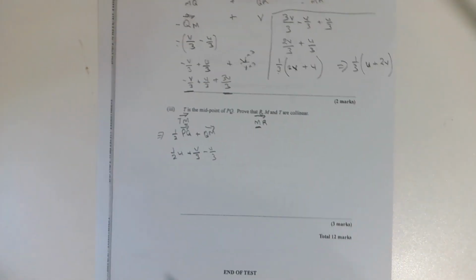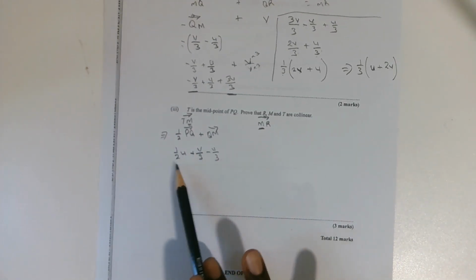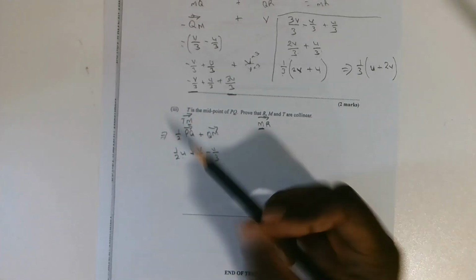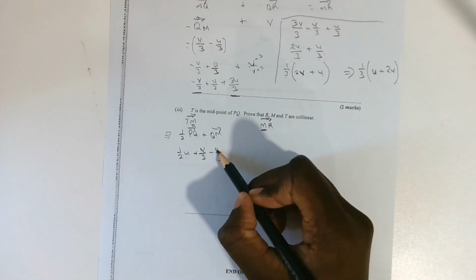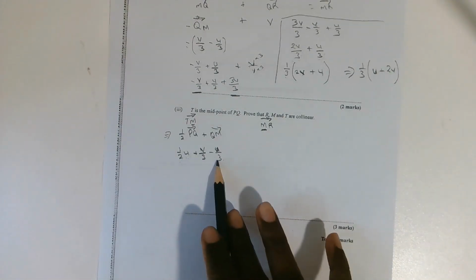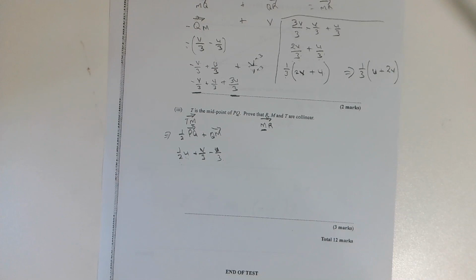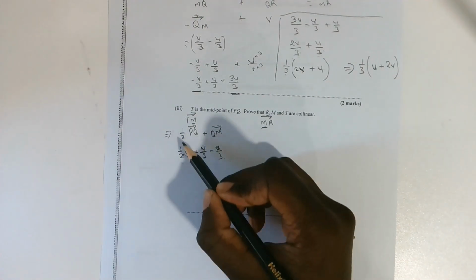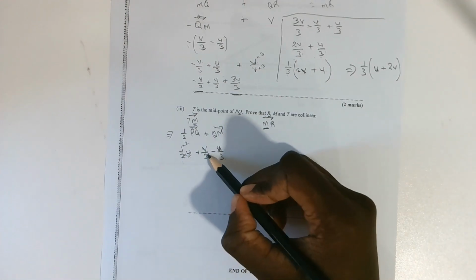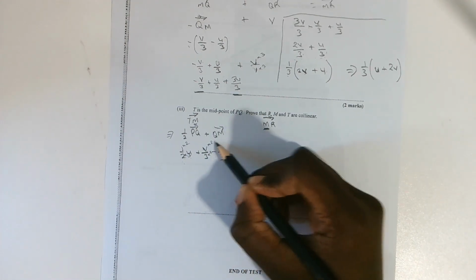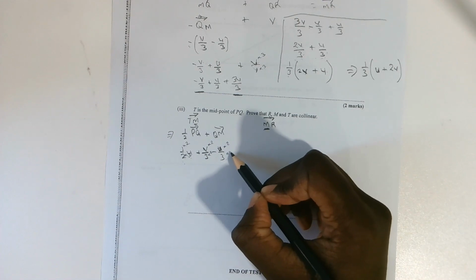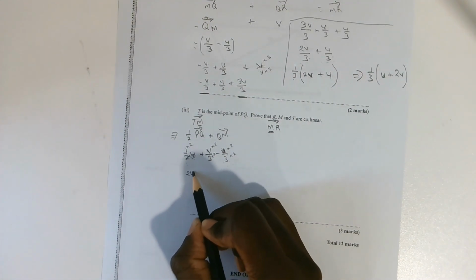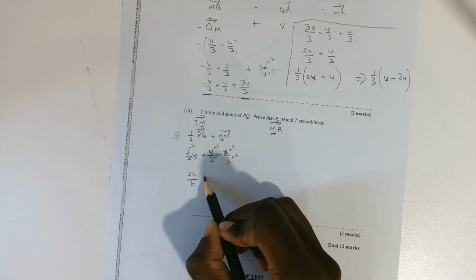There we go. Now I can simplify this. I have two u's in my equation. I'll try to make all of my denominators the same so I can simplify this. The easiest way is to multiply my 2 by 3, which will give me a common factor of 6, and my 3 multiplied by 2.